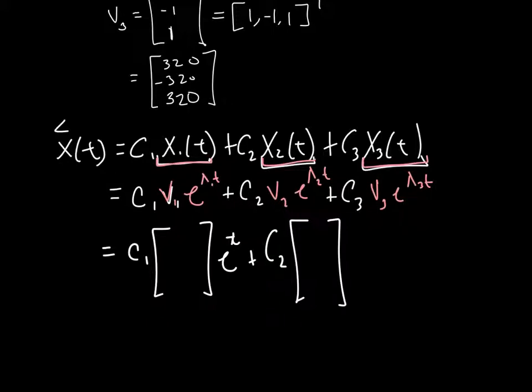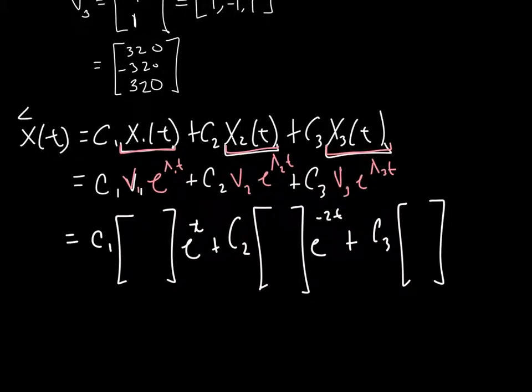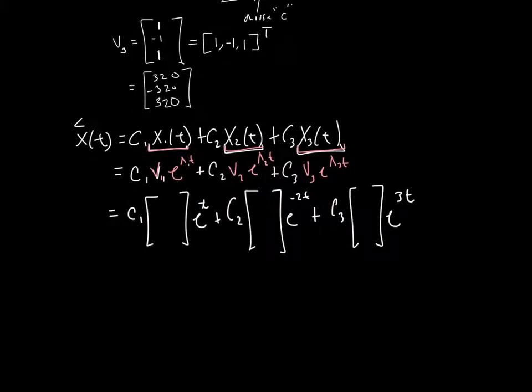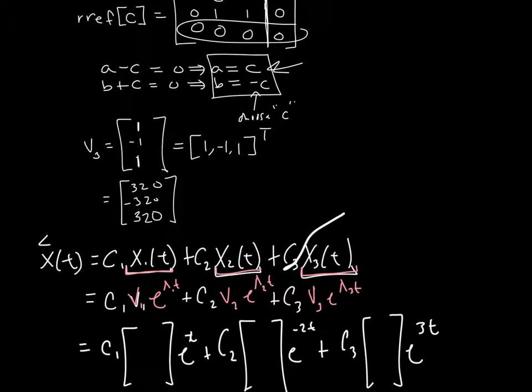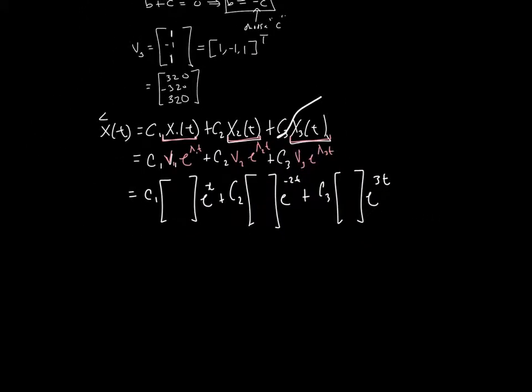I think it was negative 2, yes, so e to the negative 2t, plus C3, and then our eigenvector e to the, I think that was positive 3, so 3t. Okay, so let's insert our eigenvectors.